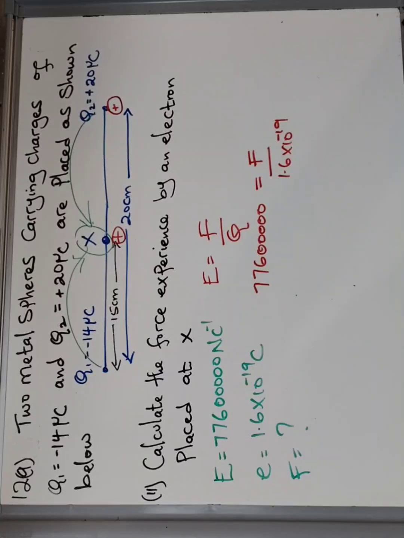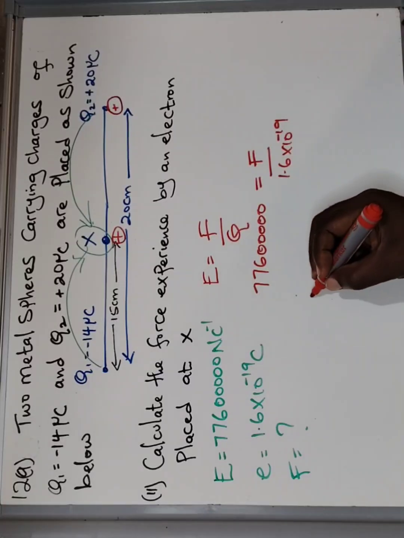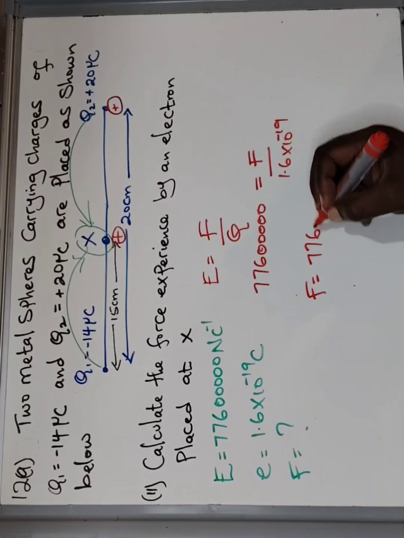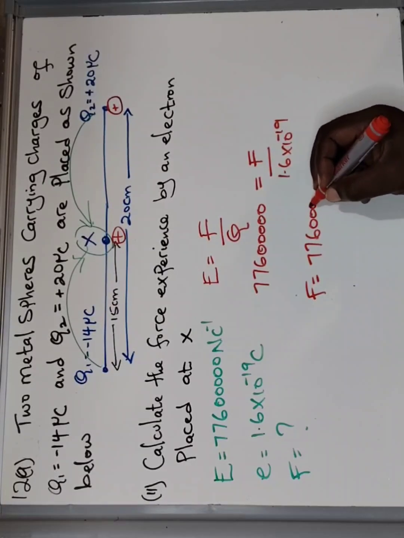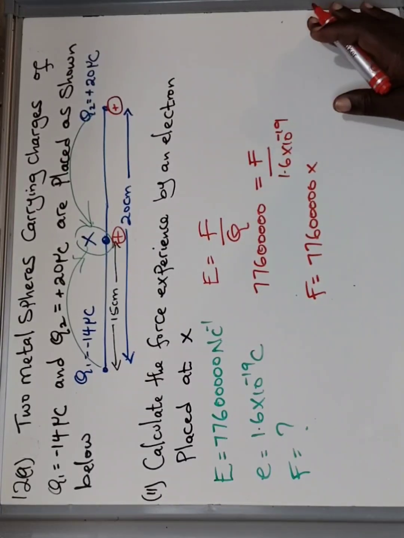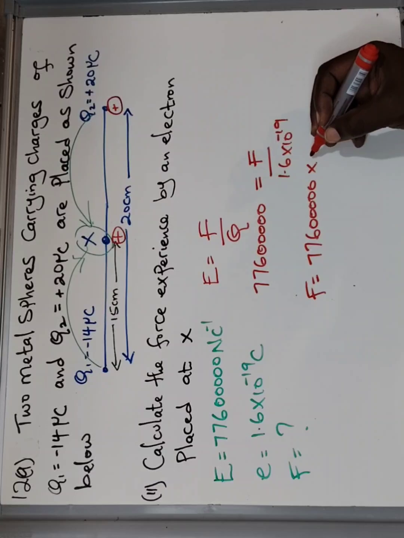From here, what do we do? You calculate F. So our F is going to be equal to 77,600,000 times this.